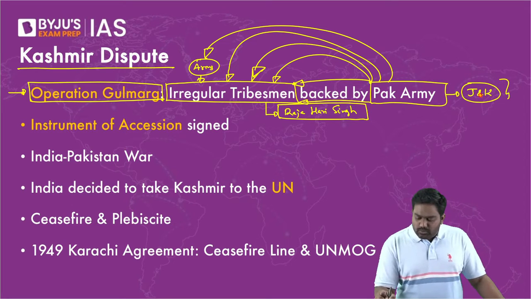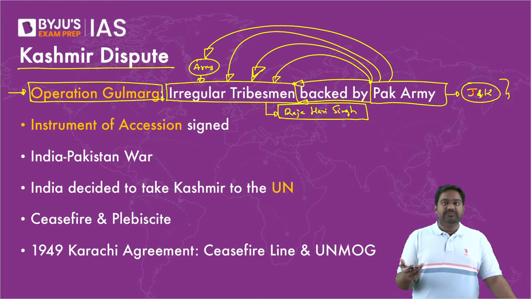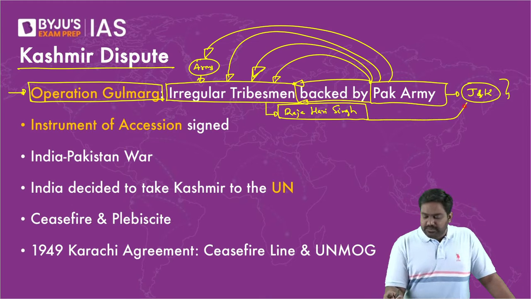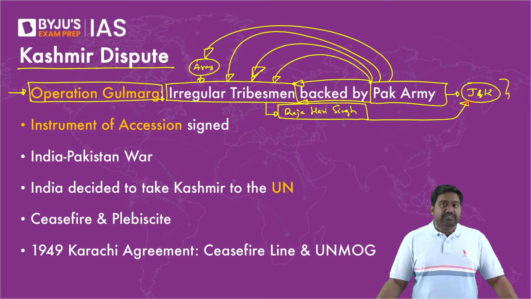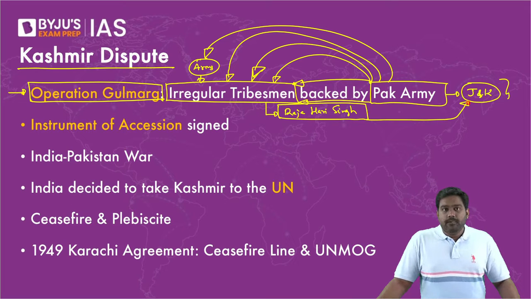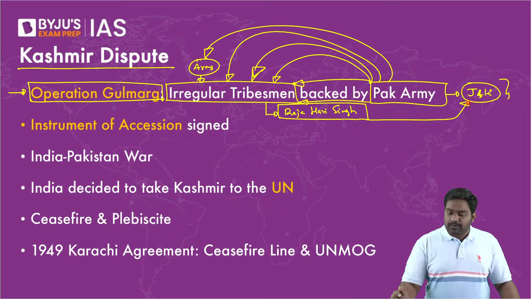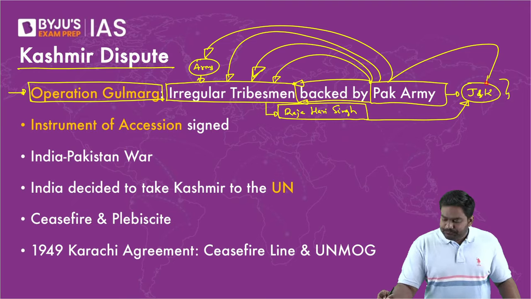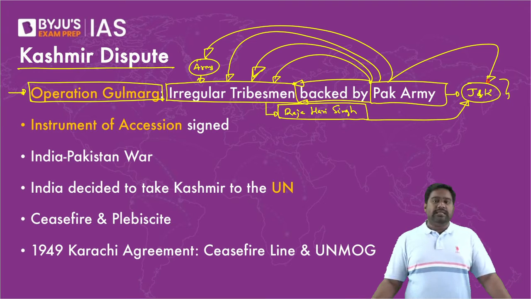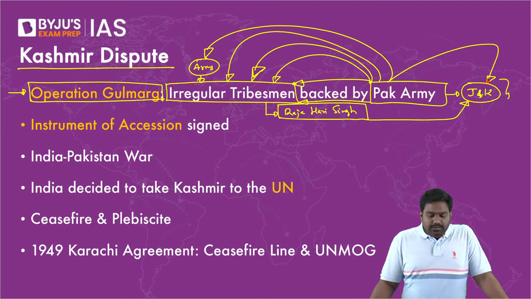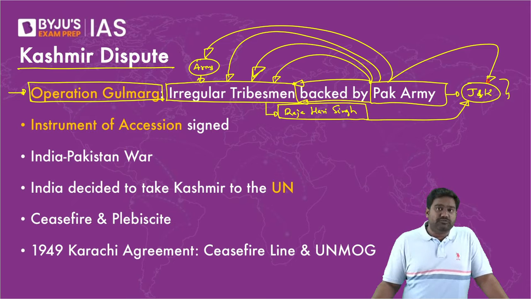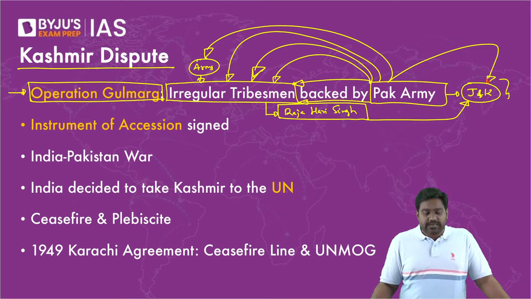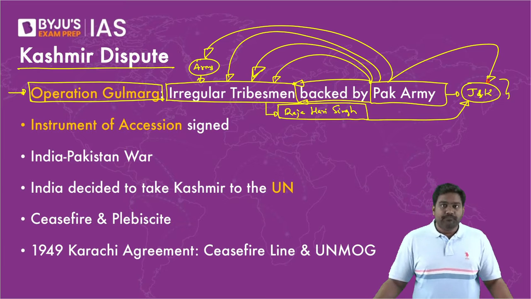Raja Hari Singh couldn't stand up to the threat, right? His princely state and his limited armed forces could never withstand this threat from Pakistan. This was a massive invasion, and very quickly, by September, October 1947, several territories in J&K, including large parts of Kashmir and some parts of Jammu, were captured by these irregular forces from Pakistan.